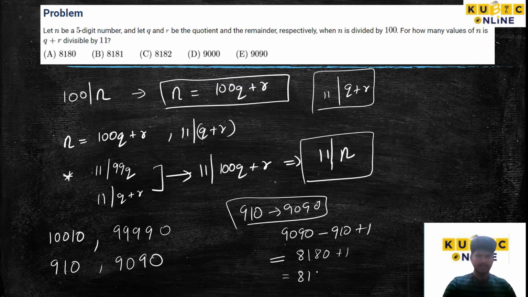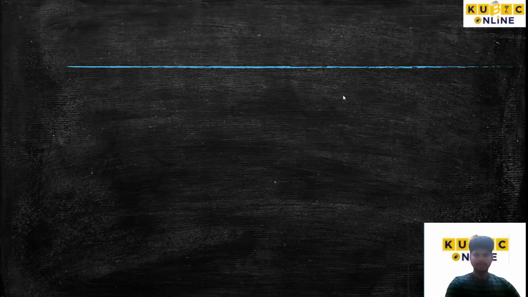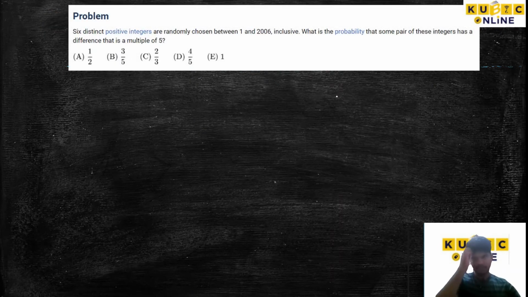So it is 8181. So how many values of n are there such that the given condition is satisfied? Our answer is 8181. Okay. So let's move on to the next question.